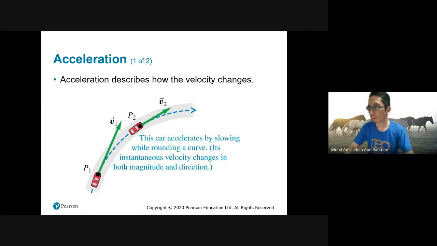We have the car moving from point P1 to point P2, at different V. Whenever it is at a corner, of course the car will be slowing down its speed. So over here it is said that the instantaneous velocity changes in both magnitude and direction.